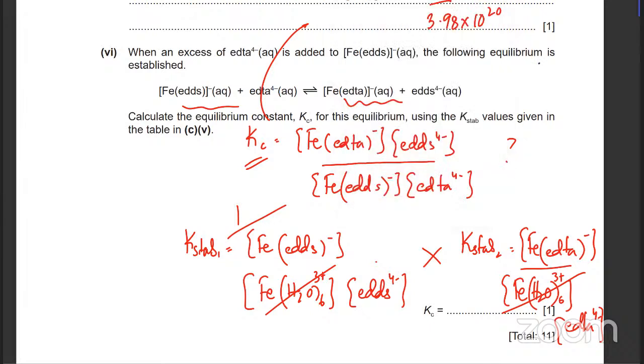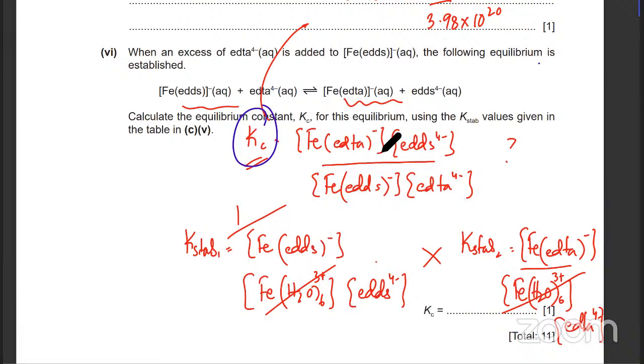Now, he said to use K stability values given and calculate this Kc, the one that's over here. So I figured out that the first K stability had this expression, the second K stability had this expression. Can I use the two expressions to make this expression? I figured out that if I multiply this expression with the reciprocal of this, I'm going to get this expression.